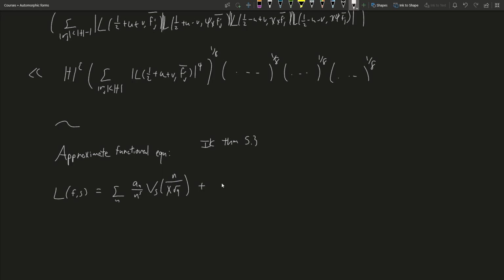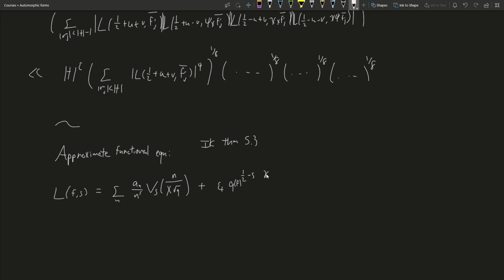And then you have a second term, which is given by the root number of f times the conductor of f to the 1/2 minus s. In their notation, they write q and q_f here, but these are the same quantity. And then you have these gamma functions.